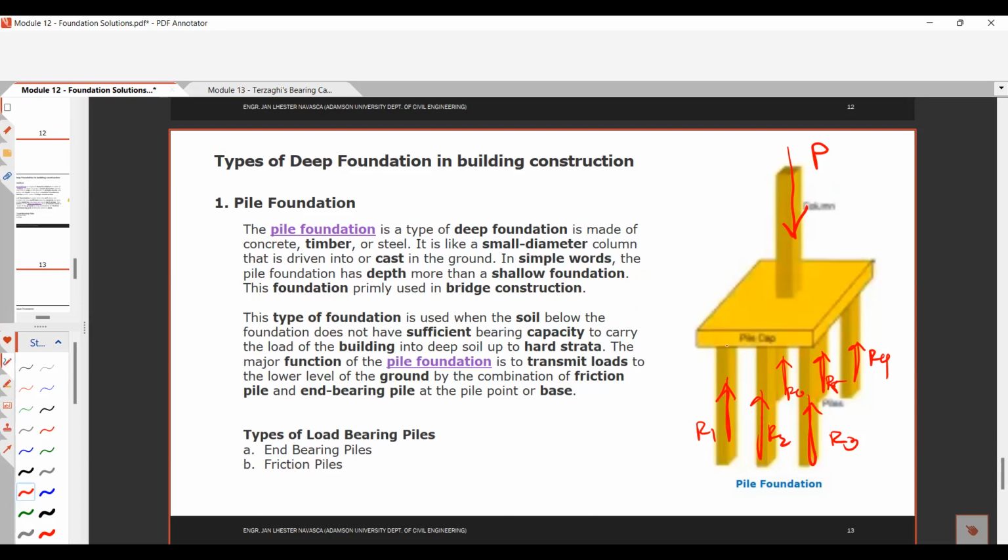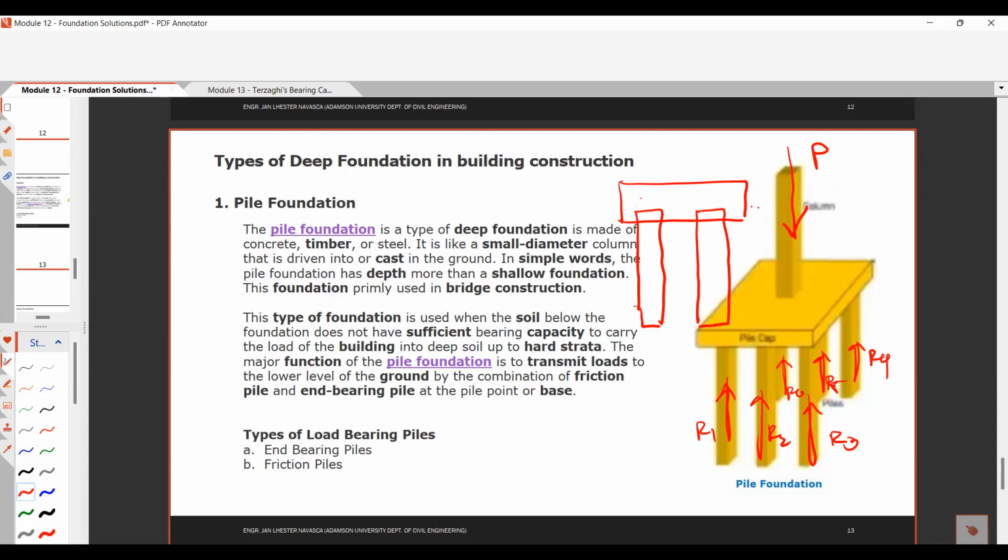Okay? Then in the pile cap, meron yung insertion. So let's say ito yung pile cap mo. Okay? Ganito yung reinforcement yan sa loob. So this one is your pile cap and this one is your piles. Okay? It doesn't matter if you have driven piles or cast piles. Okay.